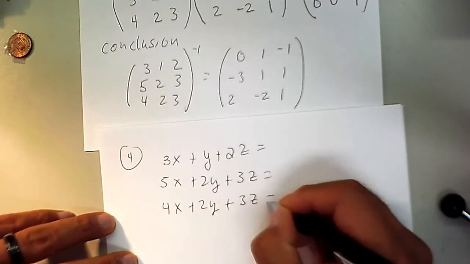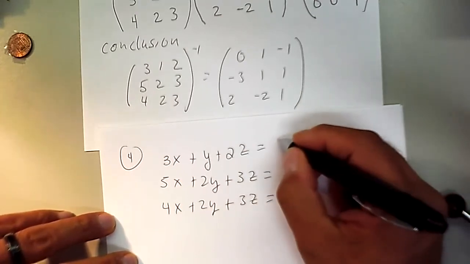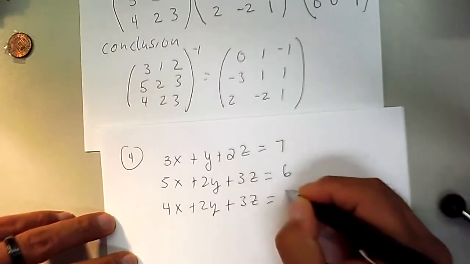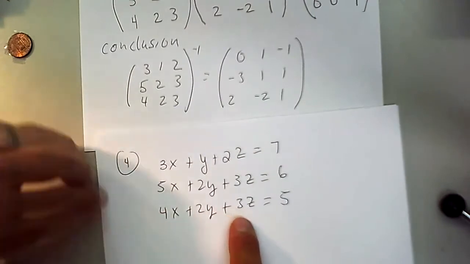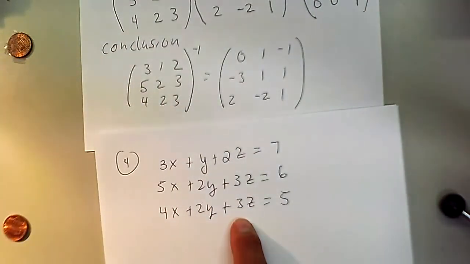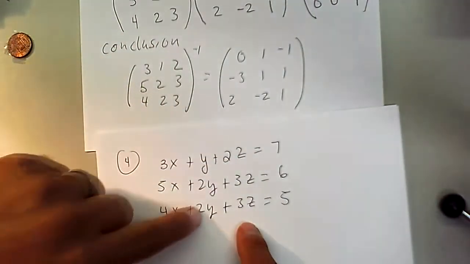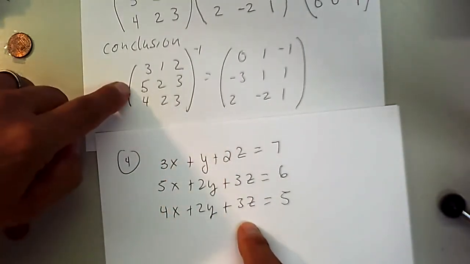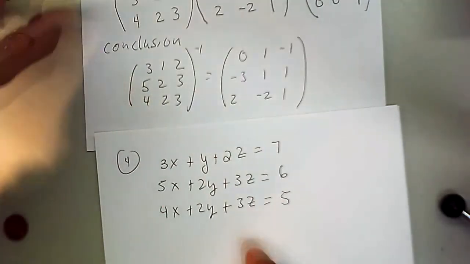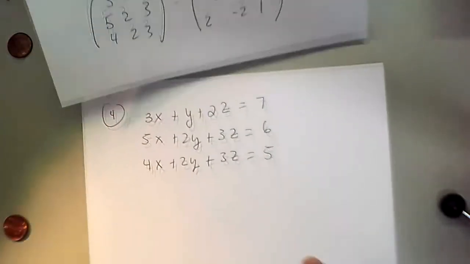And then you put any random numbers you want, such as 7, 6, 5. And you wanted to solve this system of equations. Well, the coefficients are the same as the entries in this matrix.